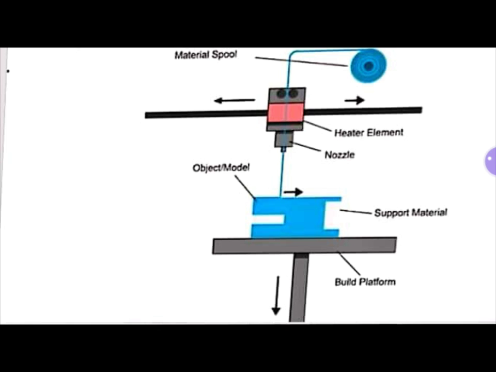Say 2 mm of material is deposited on the build platform. After depositing the 2 mm of material on the build platform, the build platform is moved downwards through a distance of 2 mm.